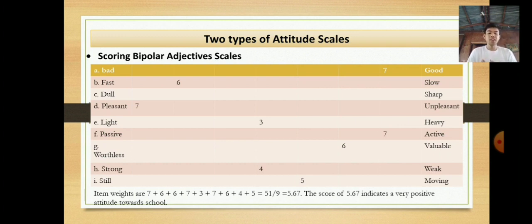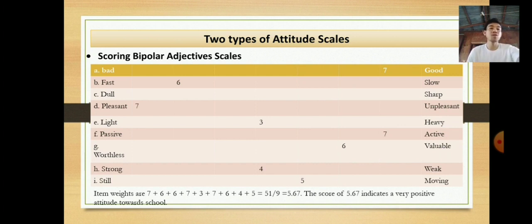So it requires very little reading time by participants, so it is easy to read. The main difficulty is selecting adjectives that suit your interest or the behavior we are looking for. But that is not really a problem because there is a reference we can use, which is Osgood, Suci, and Tannenbaum, 1967, that provides a list of bipolar adjective scales. So, Osgood, Suci, and Tannenbaum can be our reference. Okay, we're done with attitude scales.